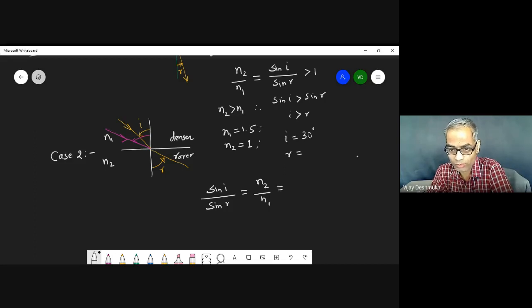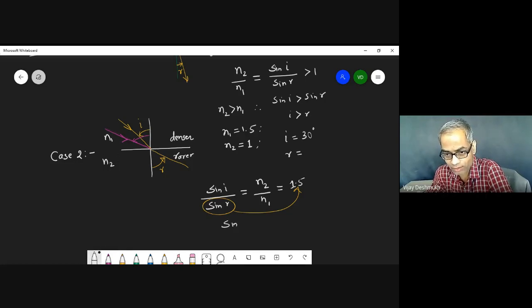Now n2 is 1.5, n1 is 1, and therefore this will be 1.5. So sin i upon sin r is 1.5. Now we know sin i, and therefore we have to find sin r. Taking sin r to the right hand side and 1.5 in the denominator, we get sin i divided by 1.5.